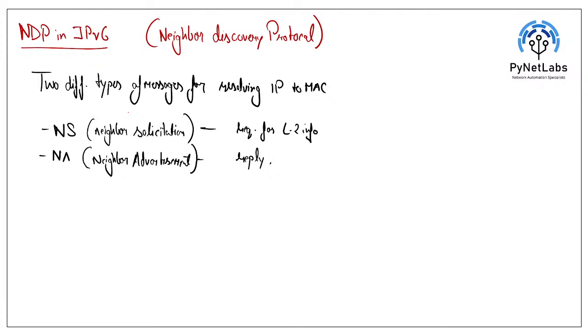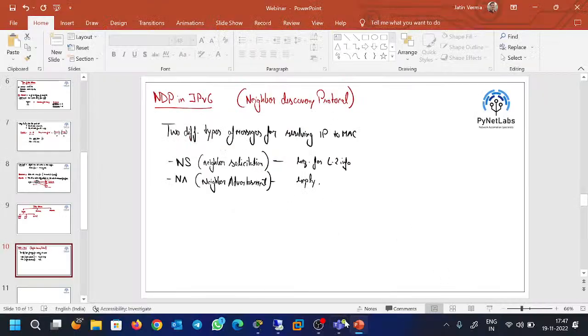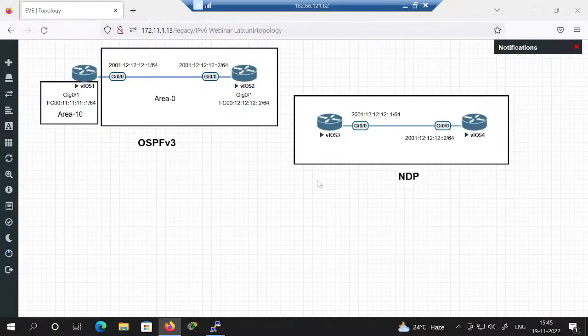Now, let's see how all these things work as per the lab topology which we have created. This is router 3 and 4. When router 3 wants to ping router 4, first of all it is going to send an ICMP type 135 message, where the source IP address will be the IPv6 address of the device, whatever IPv6 address you have configured on this device.